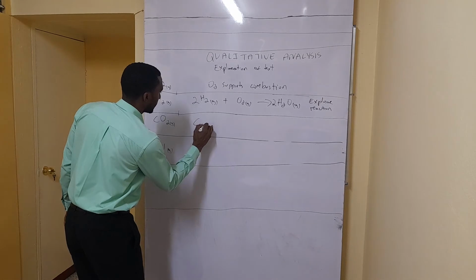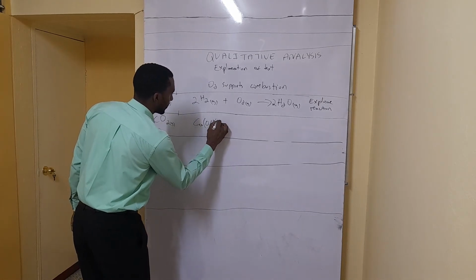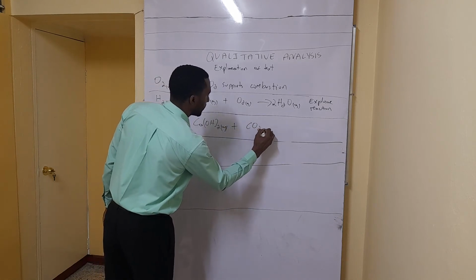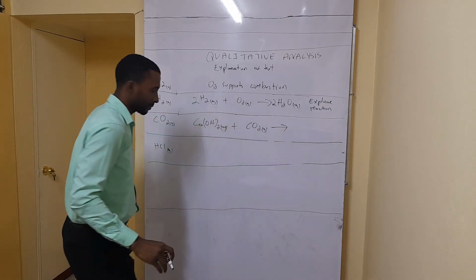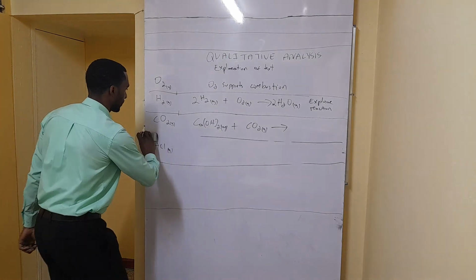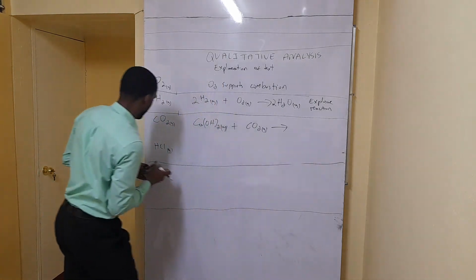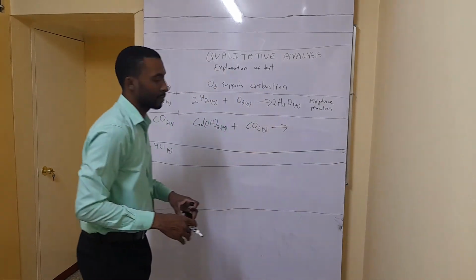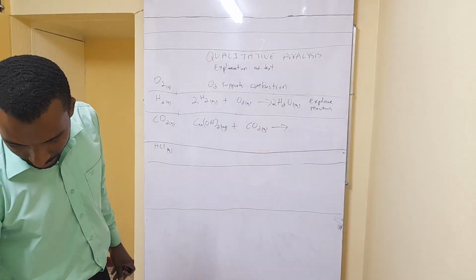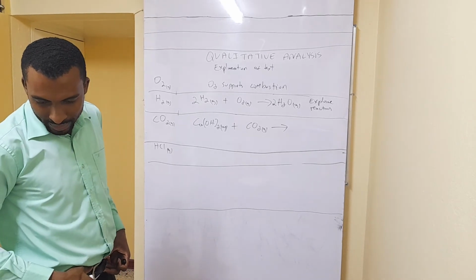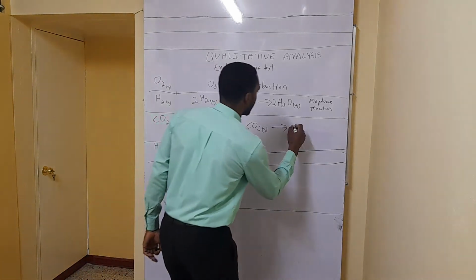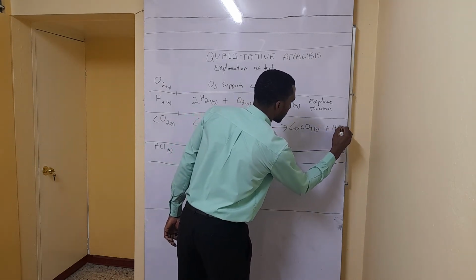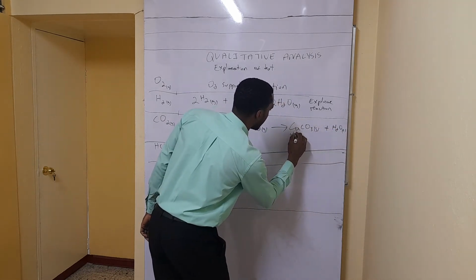So it is Ca(OH)2 aq plus CO2 gas, to produce calcium carbonate plus water. So this is the white precipitate.